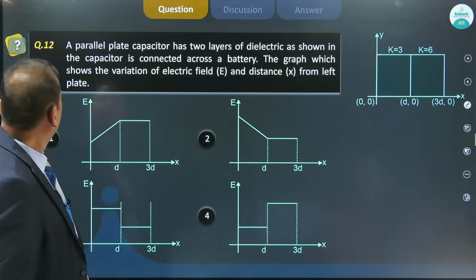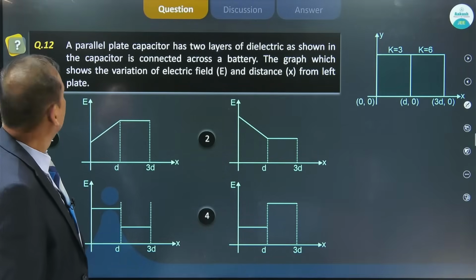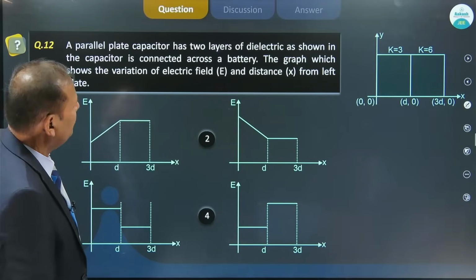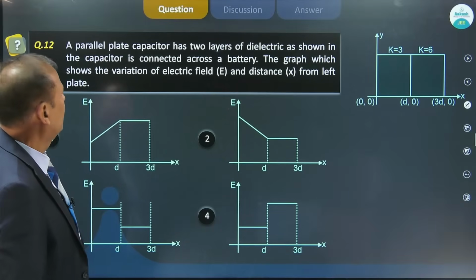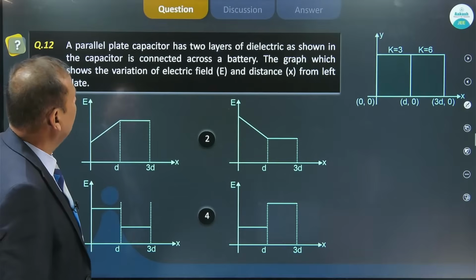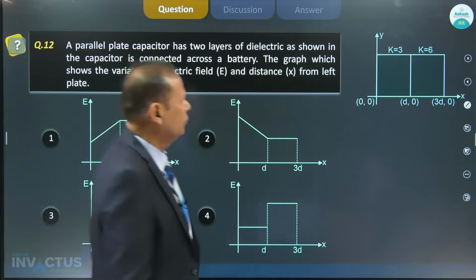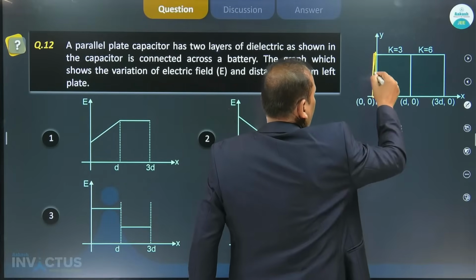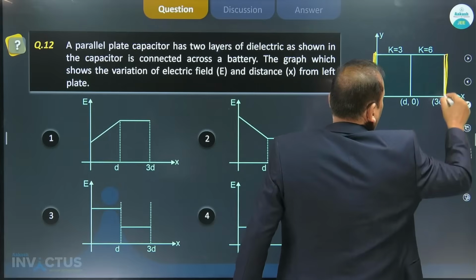A parallel plate capacitor has 2 layers of dielectric, as shown in the figure. Okay. The capacitor is connected across a battery. The graph which shows the variation of electric field and distance x from the left. You know, suppose this is one plate and this is the other plate.